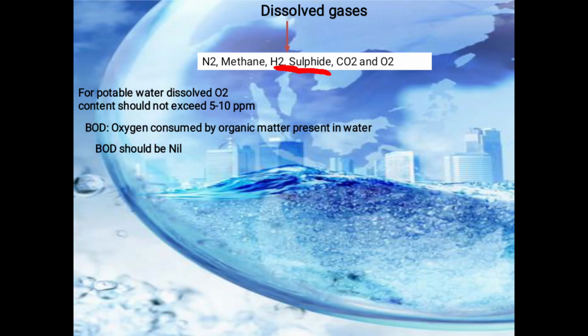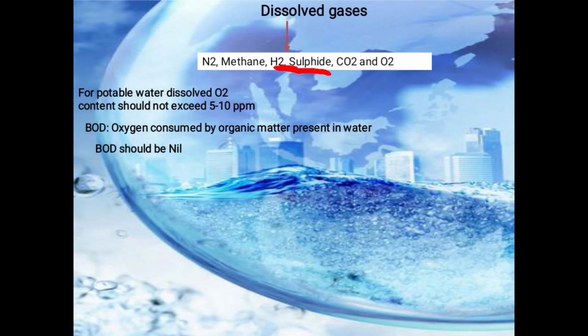The BOD of water during 5 days at 20 degrees Celsius is generally taken as the standard BOD or standard demand. BOD is determined in the laboratory by mixing or diluting a known volume of a sample of water with a known volume of aerated pure water and then calculating the dissolved oxygen of this diluted sample. This diluted sample is then incubated for 5 days at 20 degrees Celsius.